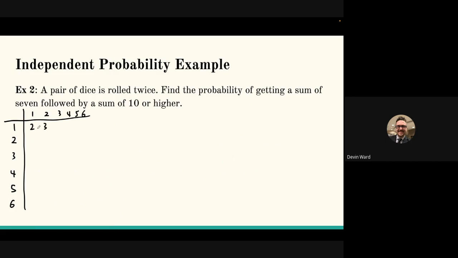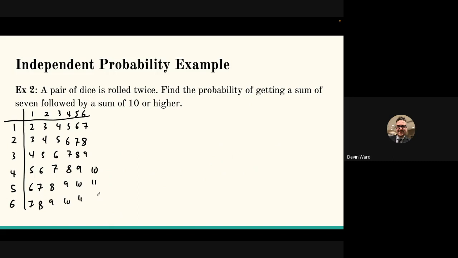Okay, 2, 3, 4, 5, 6, 7, 4, 5, 6, 7, 8, 10, 7, 8, 9, 10, 11, 8, 9, 10, 11, and 12. Okay, here we go. Okay, so we're rolling 2 pairs of dice.